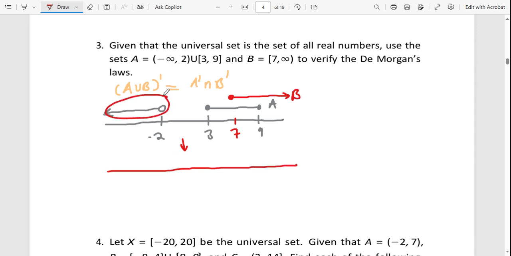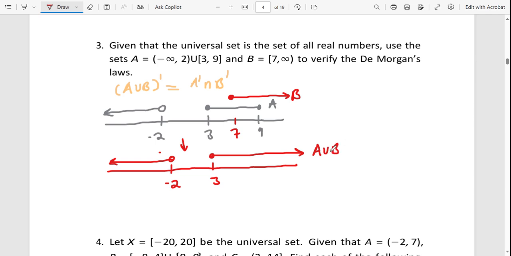Combining means you are going to have the entire of this part, the entire of this part, continuing to go forward up to positive infinity. So the union is going to be from negative infinity up to negative 2, and then from 3 shaded all the way up to infinity. So that is A union B.